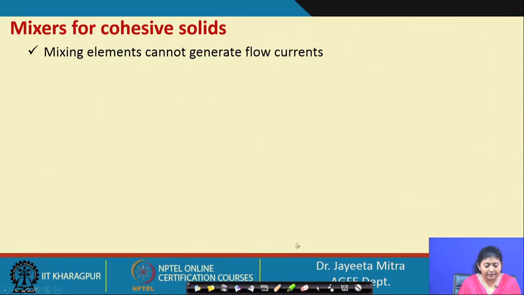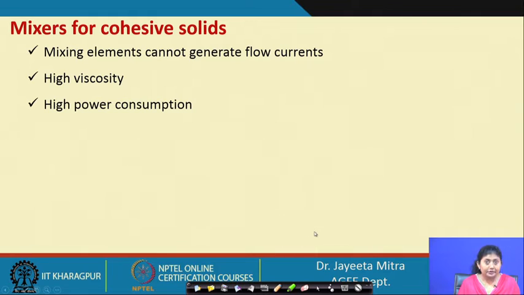The mixing elements cannot generate the flow current, because even in solids they generate some kind of flow, but cohesive solids have very high viscosity and are cohesive in nature. Therefore, they cannot generate flow currents.